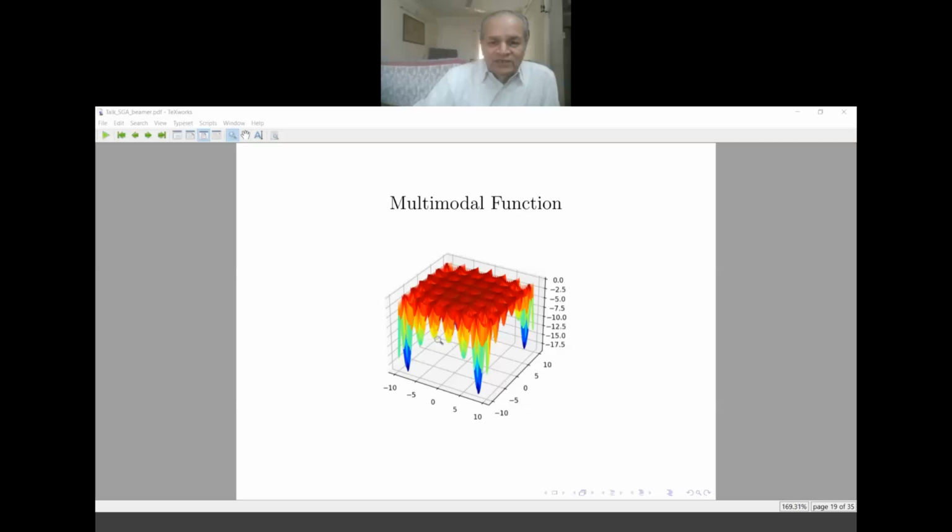For example, here, are you able to see my pointer here? Yes, sir. Yeah, so these are the local minimums, and there will be some global minimums. There may be more than one also.